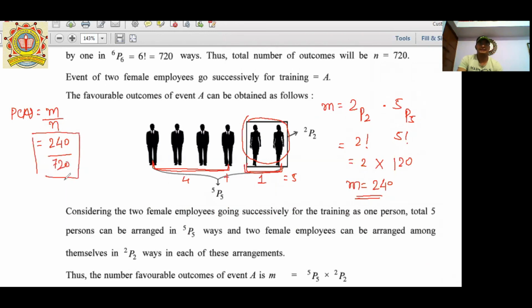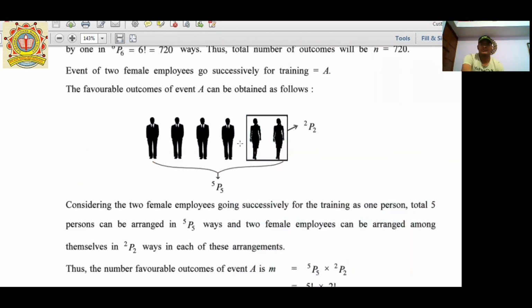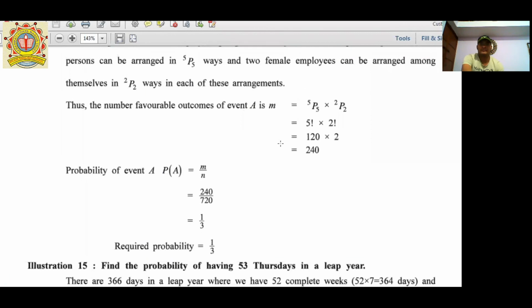So this is the answer. Got it? Very simple. 240 divided by 720. This is the answer. It is not necessary that you do this every time, if there is a small value. Okay, but still it is okay.